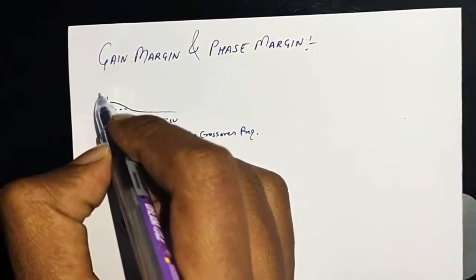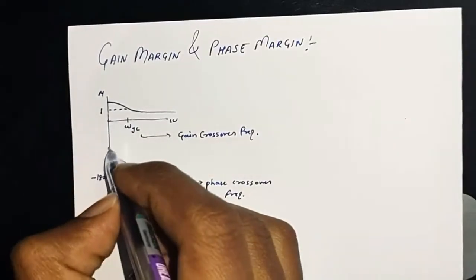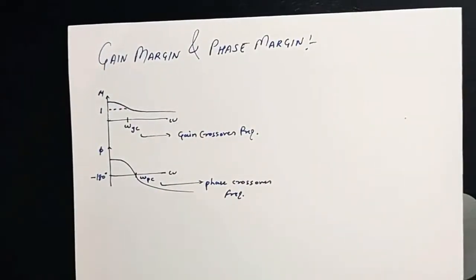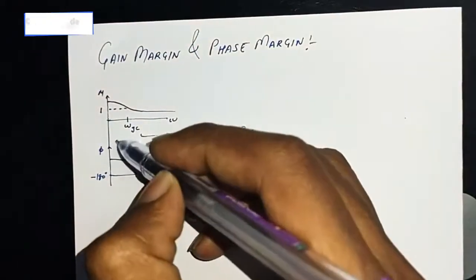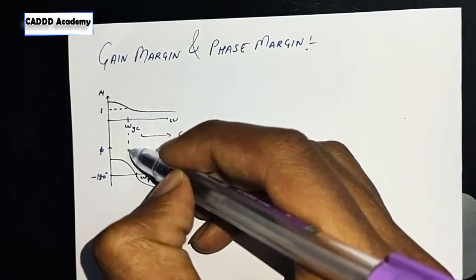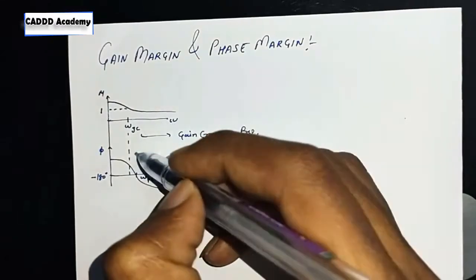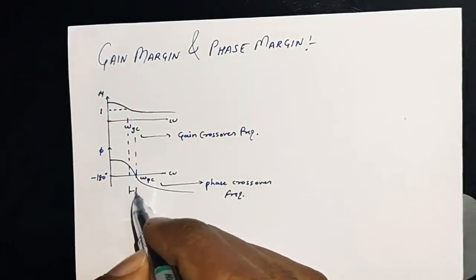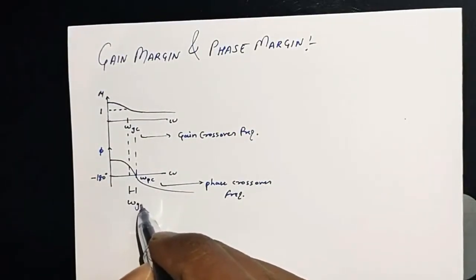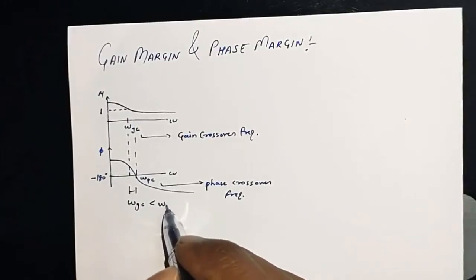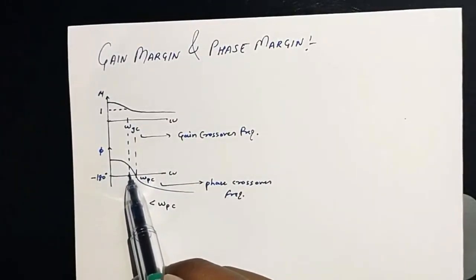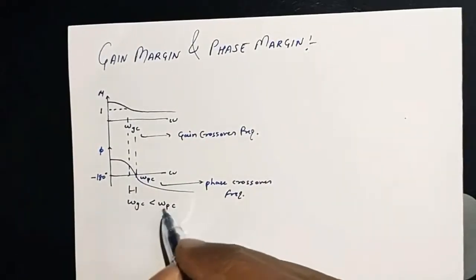Okay, this is the magnitude plot and this one is the phase plot. In this magnitude and phase response, we can observe that omega GC is less than omega PC.